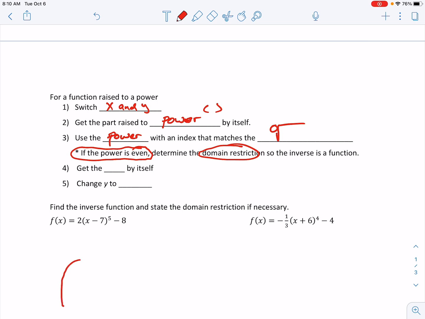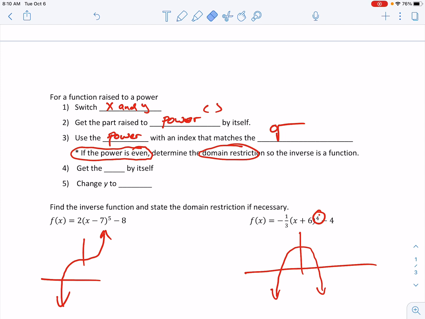It's going to have a graph that looks something like that, which is going to pass the horizontal test and the vertical test. The other one is going to be a parabola. It passes the vertical, but it will fail the horizontal test. So whenever I have an even power, I'm going to need to restrict the domain. If it's odd, don't worry about it.